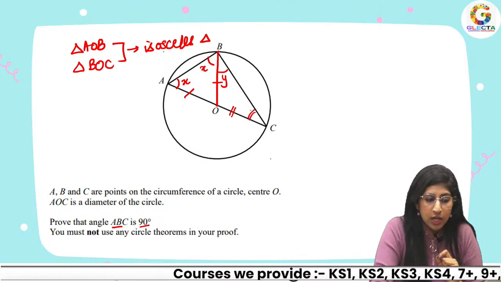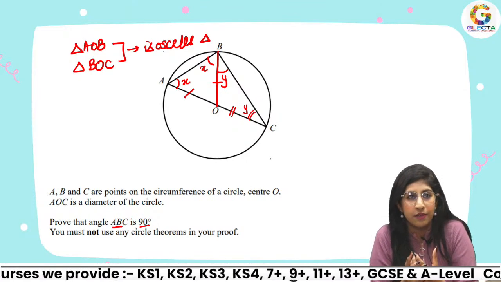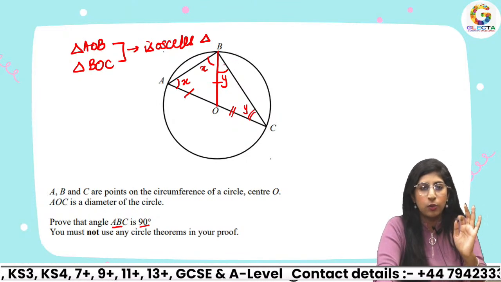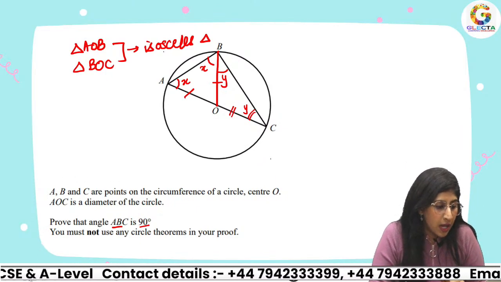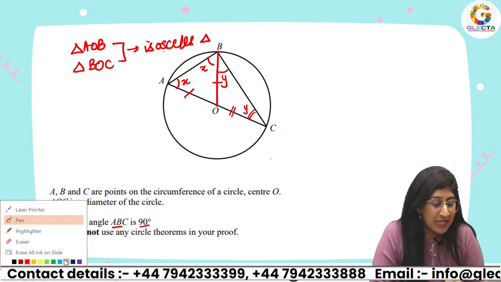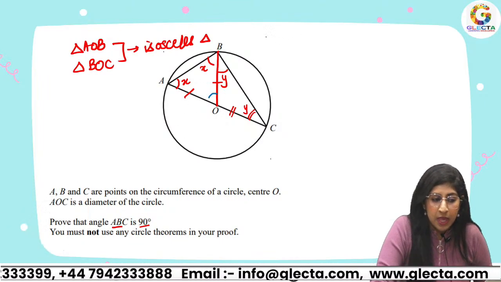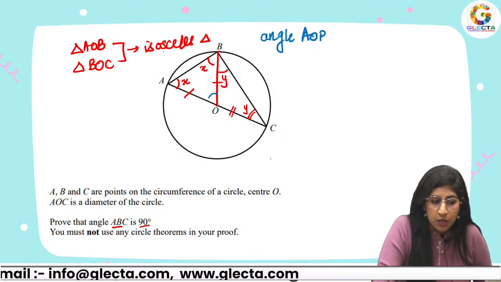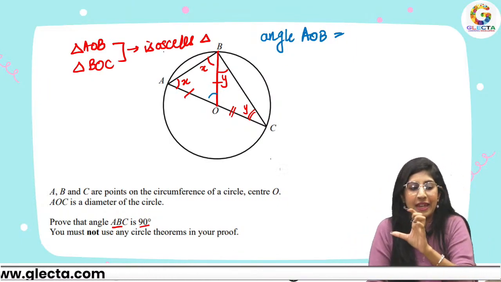By that logic, this angle C should be equal to Y. That's what we have over here. So now in triangle AOB and triangle BOC, we have got the values. Now we can work on the missing angle, angle AOB. If I want to work on angle AOB, you have the other two angles in that triangle, that is X and X.